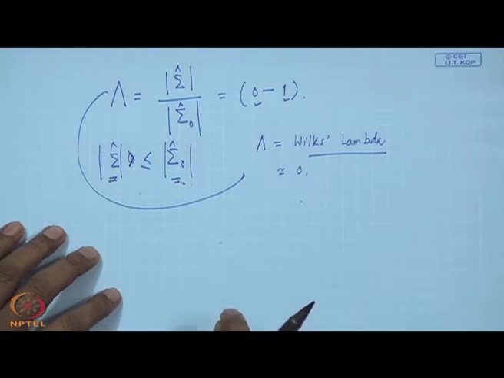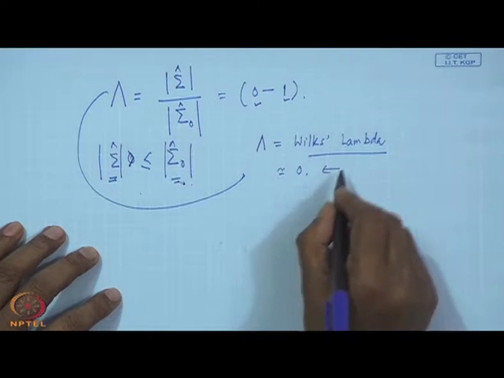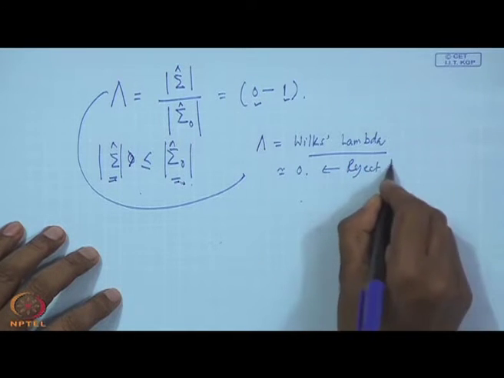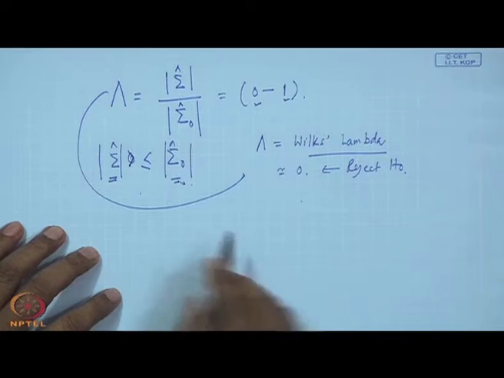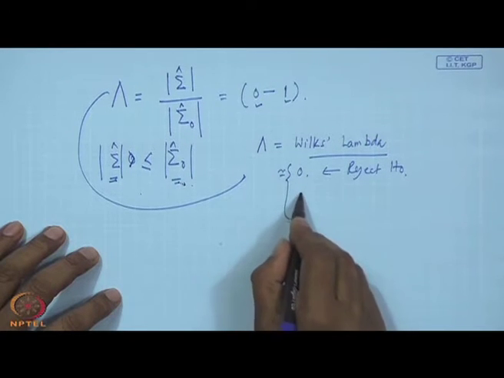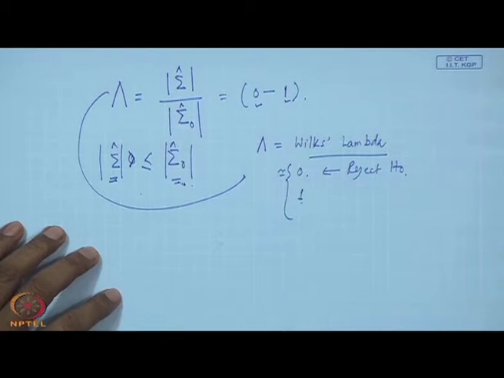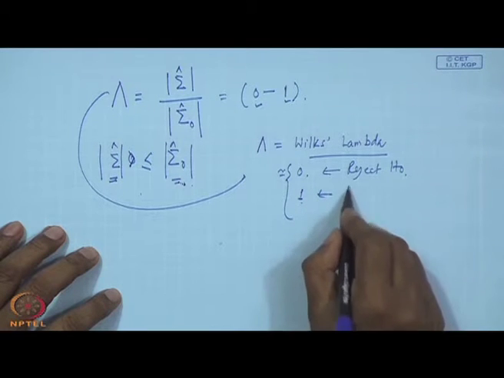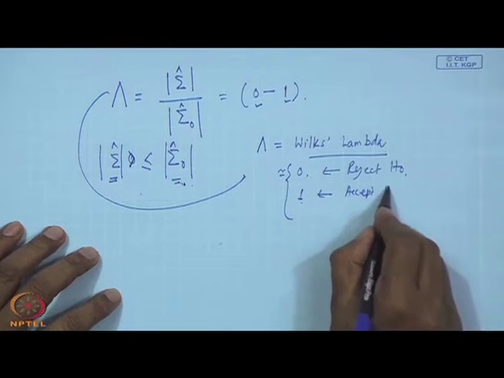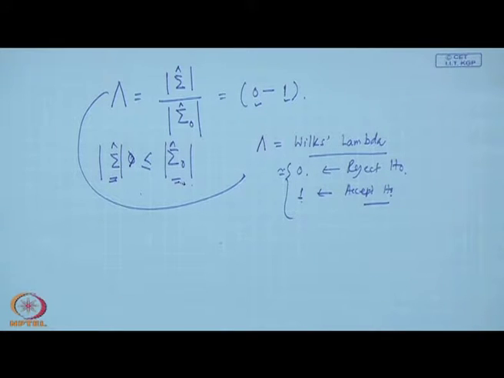Getting me? So, as a result you reject H0, but if it is close to 1, accept H0.